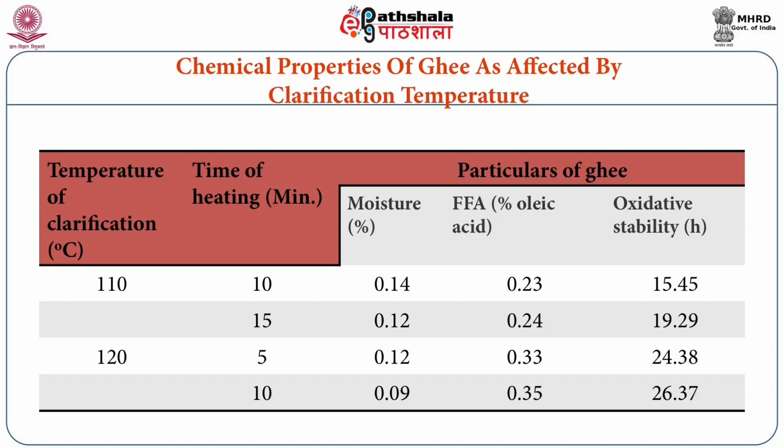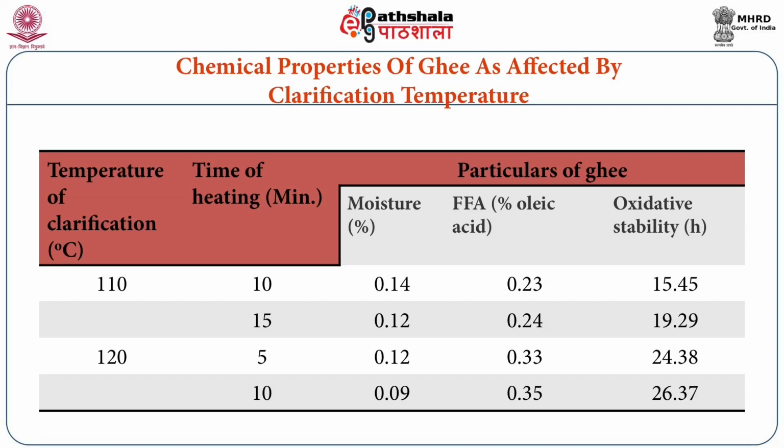In the next two rows, at 120 degrees centigrade for 5 or 10 minutes holding period, you can see the moisture content at 110 degrees was 0.14 or 0.12%, whereas if you go for a higher temperature of 120, that is 10 degrees more, the moisture content is reduced to 0.09%.